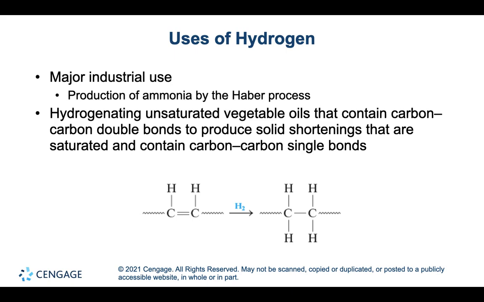Double bonding is what we mean by unsaturated. If you add H2 to a double bond, you'll break the double bond and make it a single, and that hydrogenates it. That's how you take a liquid vegetable oil and turn it into a solid like margarine, by hydrogenating those carbon-carbon double bonds to make them single bonds.